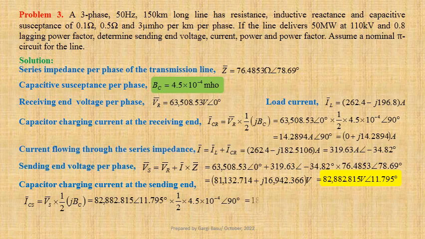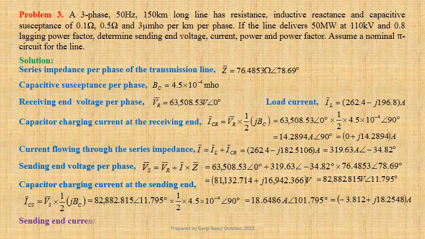That gives us 18.6486 ampere at an angle 101.795 degree. This may be written in Cartesian form as minus 3.812 plus J times 18.2548 ampere.